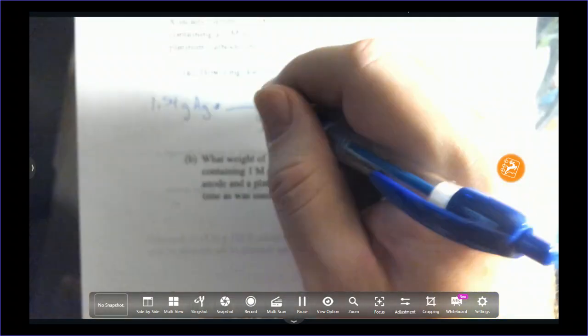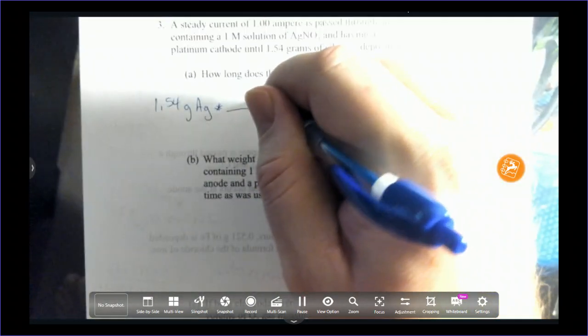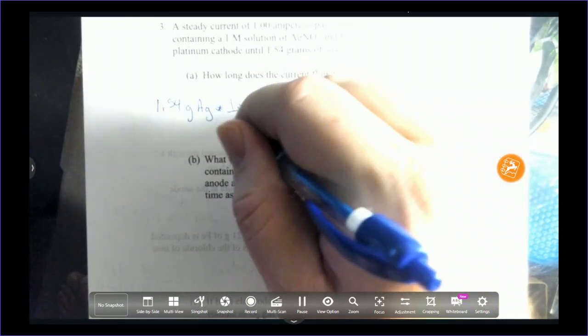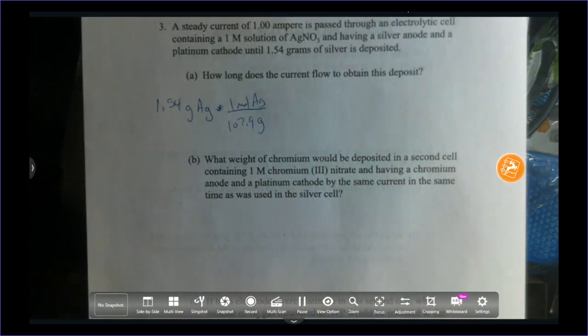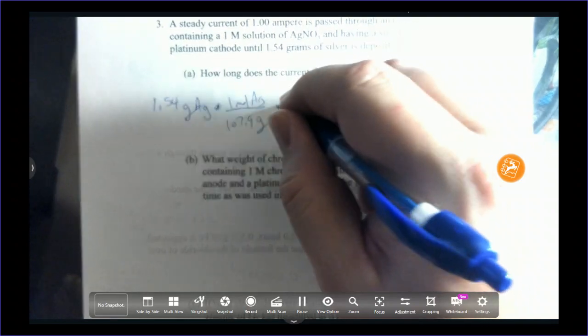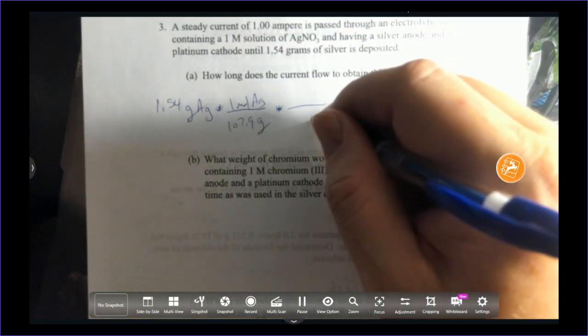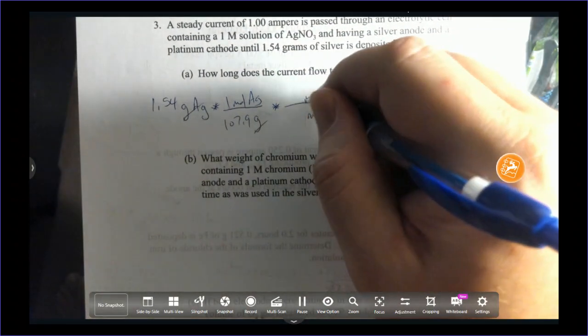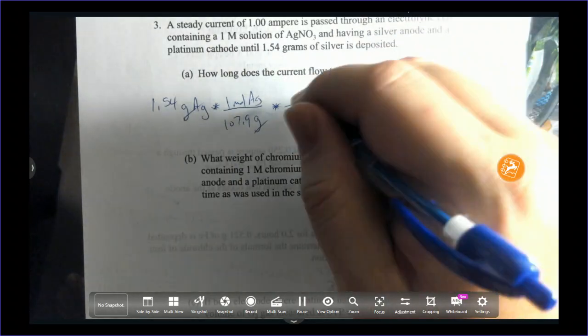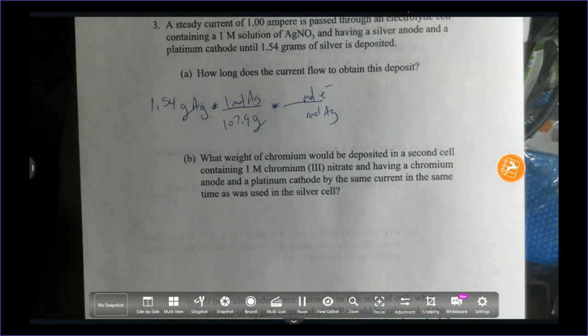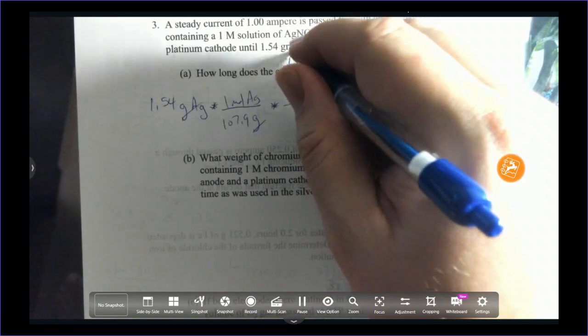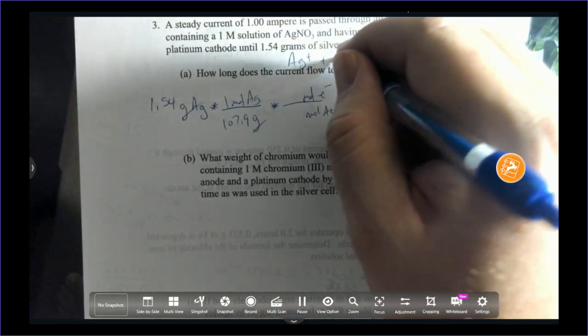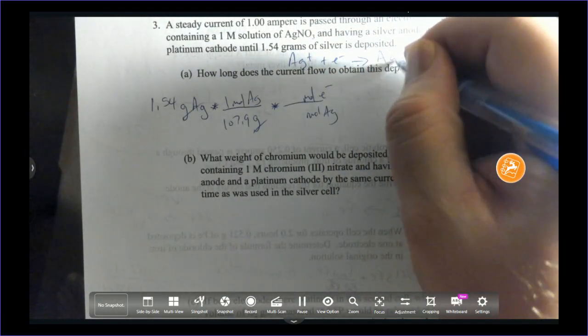Let's check your work. So we're going to go from grams to moles. So mole conversion there gets rid of grams. Our stoichiometry, I didn't really write the equation too clearly, so just in case, it's very similar to the first problem we worked.